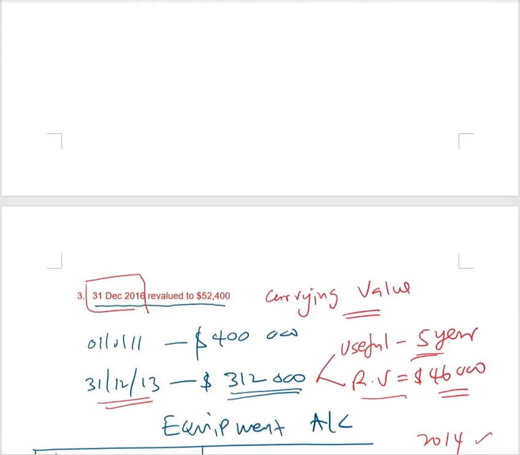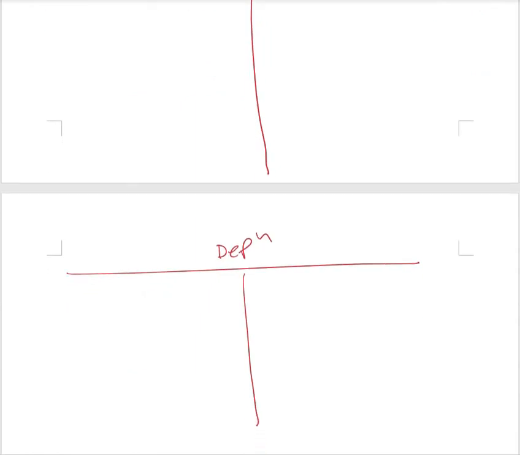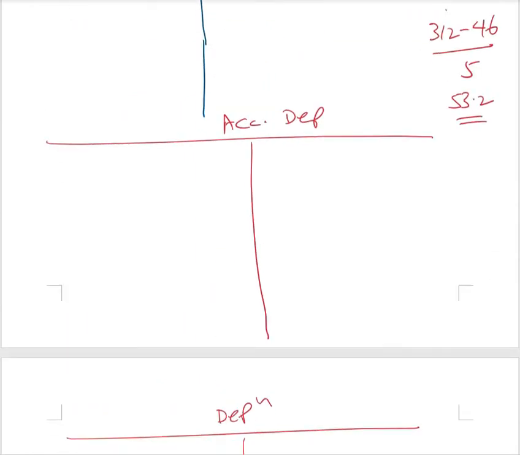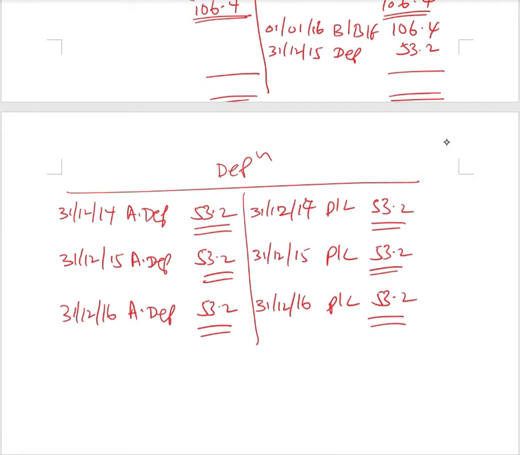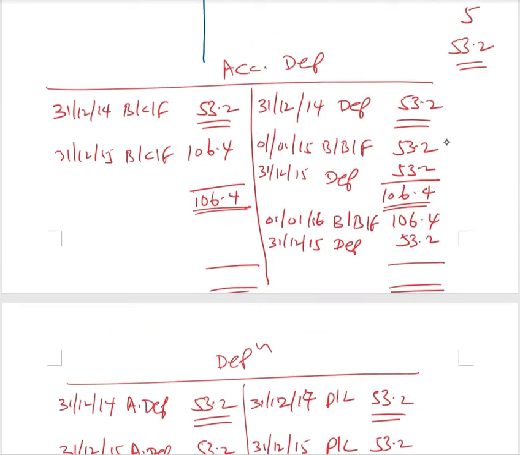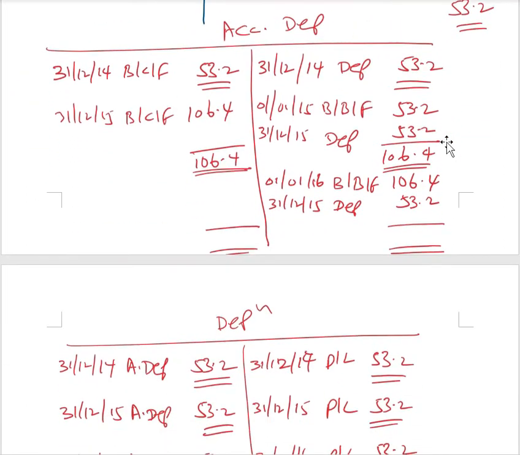So this is what we got in the second question. So each year you need to provide depreciation 53,200. So I have recorded the depreciation for 2014 to 2016.